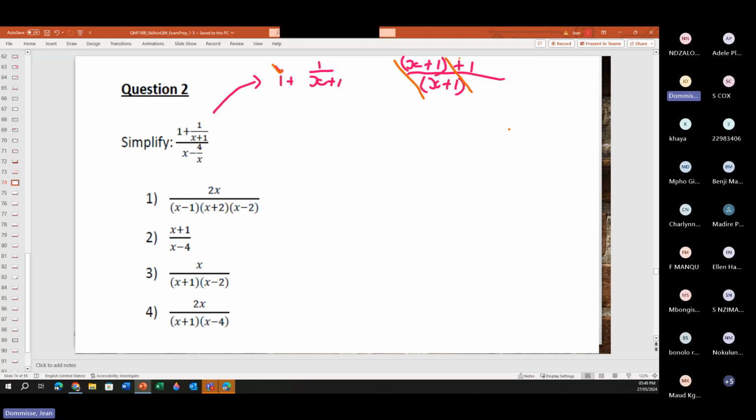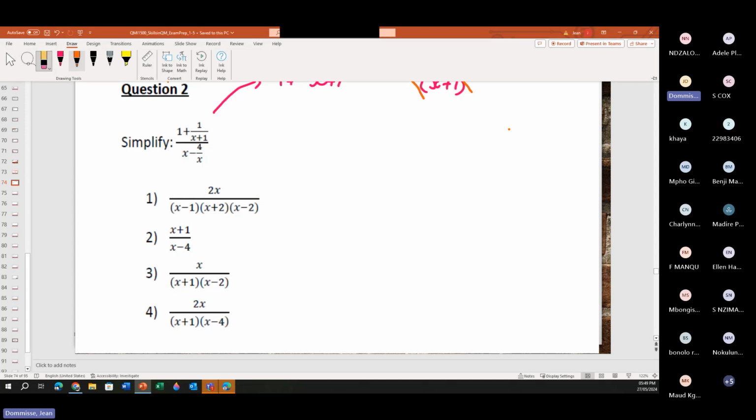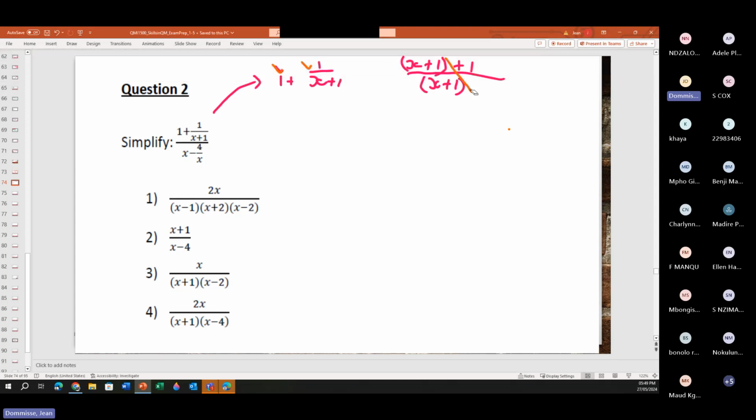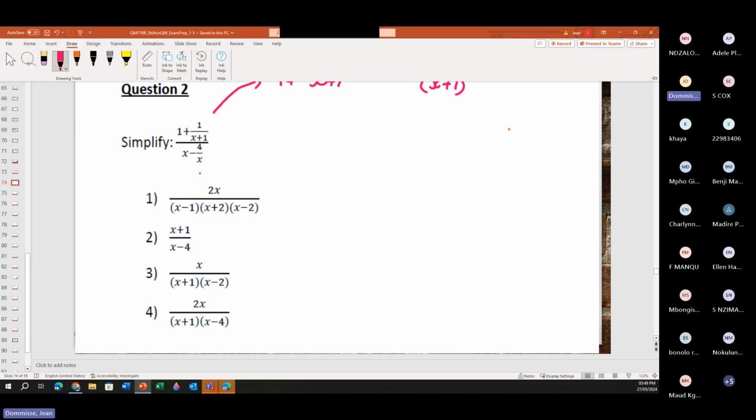And then if we look at the other section, we basically sit with 1 over x plus 1. So for this component, it is fine. We've done that.